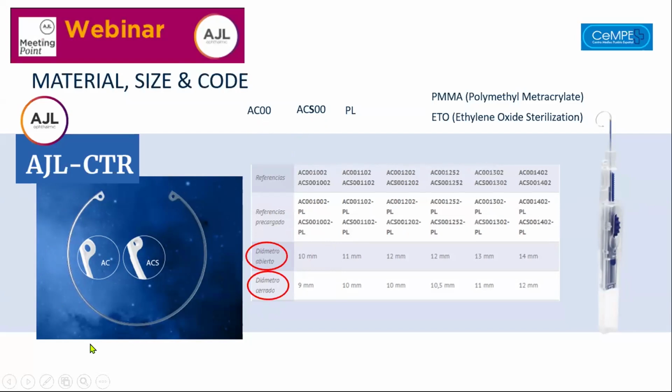For example, 13 millimeters is the open diameter, and with the ring closed, it's 11 millimeters. So you will find, for example, the 1311, it's the AC 1302. And if it's preloaded, you can find the version with the injector; you have to add to the code the PL, preloaded. So if you want the round or oval ones, AC. If you want the square section or rectangular, it's the ACS.